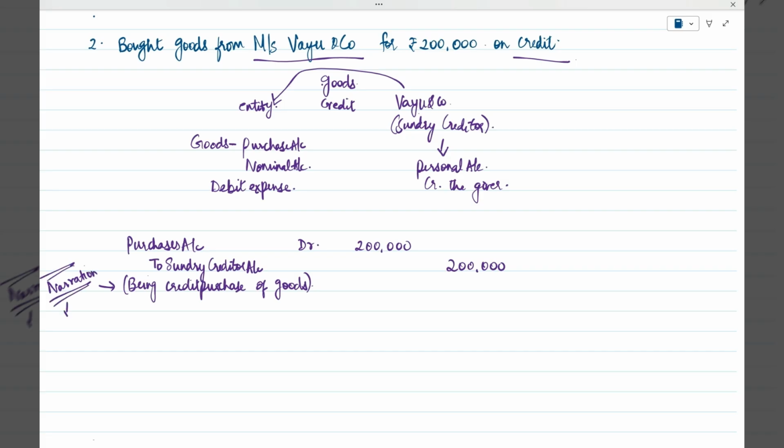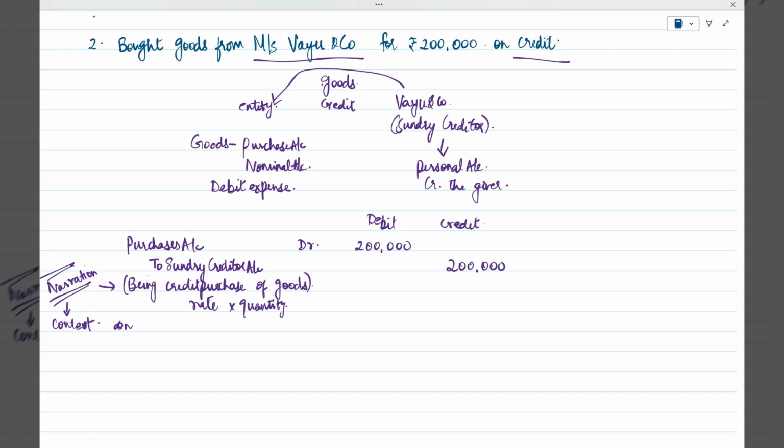It helps in understanding the context of the transaction at a later date. It can include details like the rate at which the goods were purchased and the quantity of goods purchased. So it can have additional information that cannot be captured in terms of money alone.